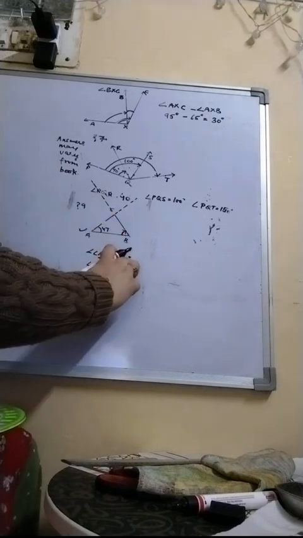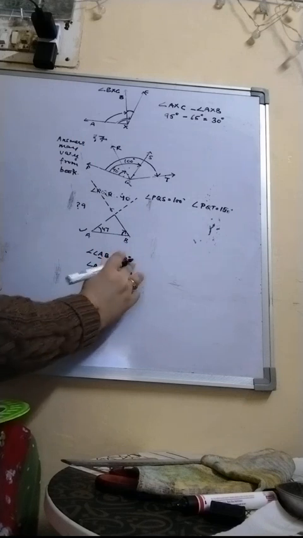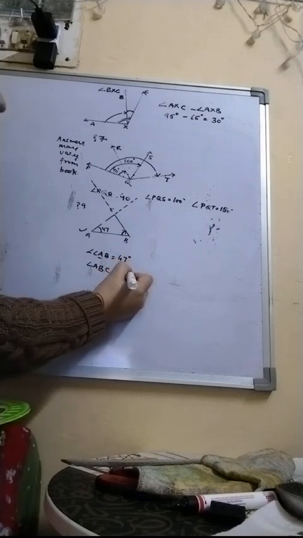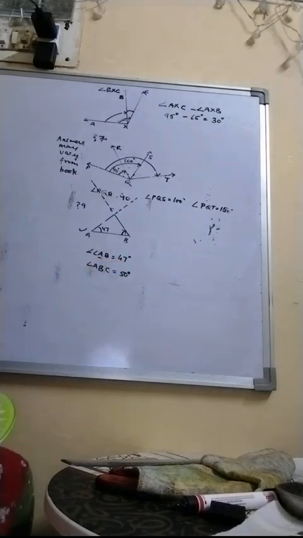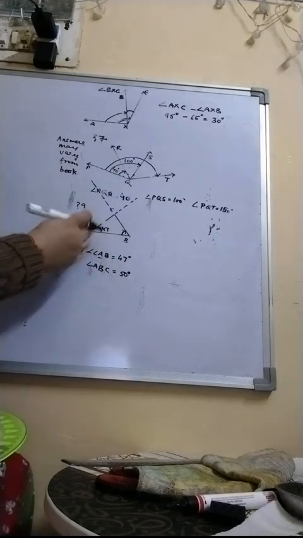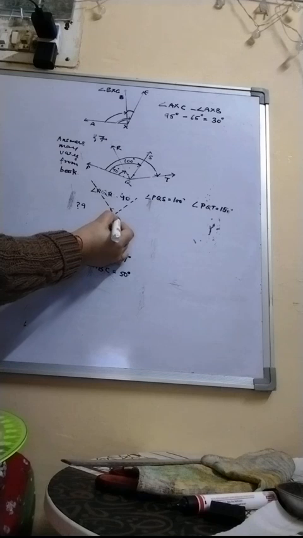This is the sign for degree. It is like a zero, but you have to make it small, not as big as 0. You have to make it small. Now which angle is left? Two angles we have done. The third angle is angle C.